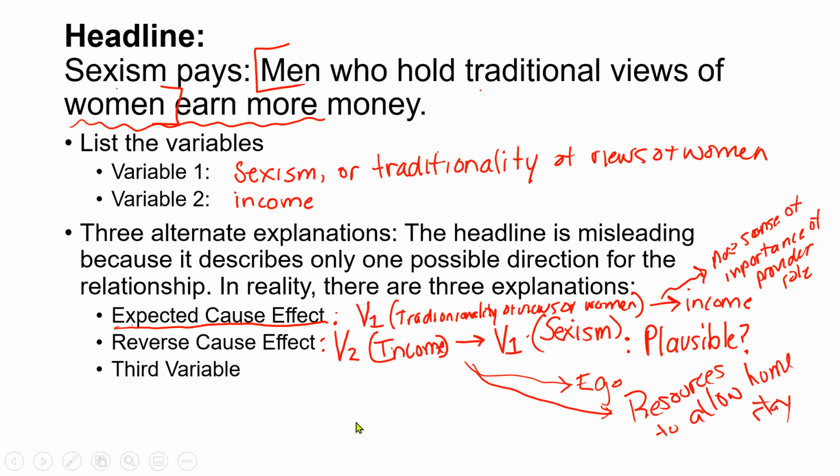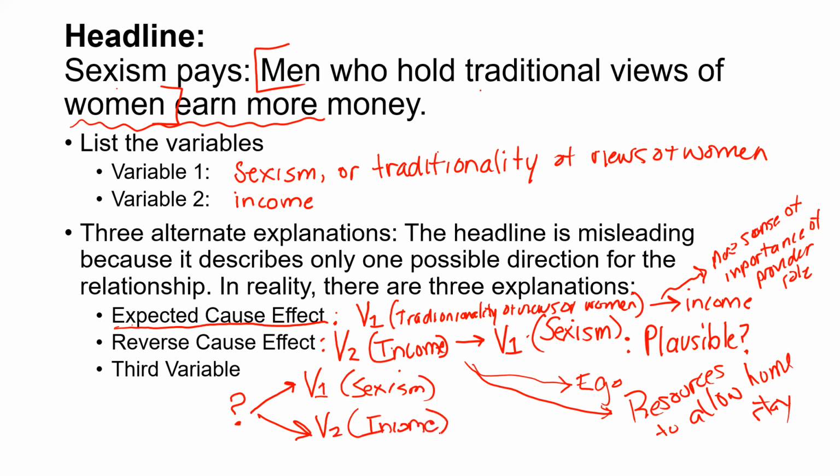All right, so let's look at a third variable. Whoops, a third variable, some unknown factor. I think I might have just identified a third variable here. An unknown factor that both causes variable 1, sexism, and variable 2, income.